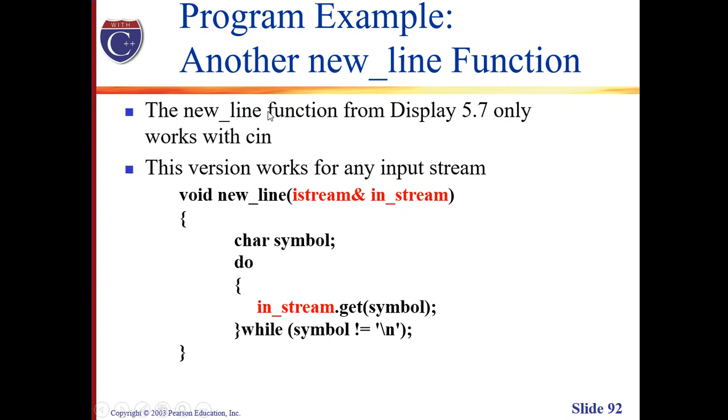But how do we do that? Thus, the newline header can be written this way. So as you can see here, whenever we declare our function, this is where we provide our formal parameter. In this case, we assigned inStream as our formal parameter.